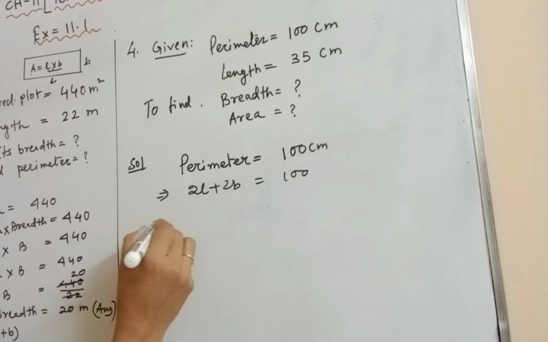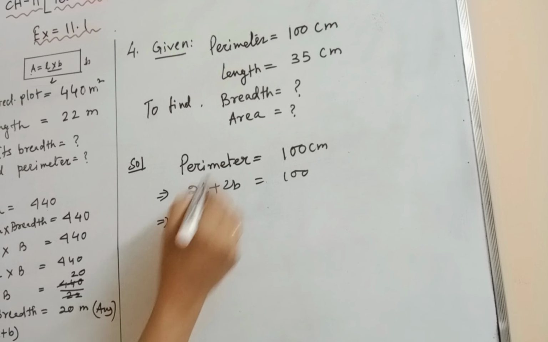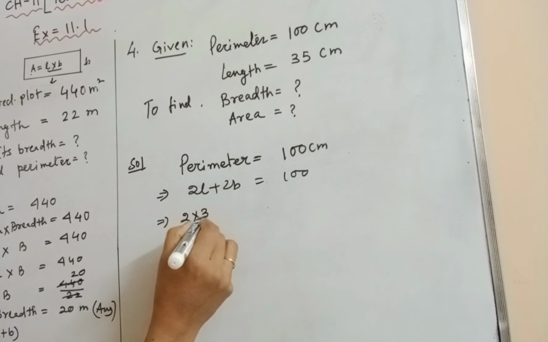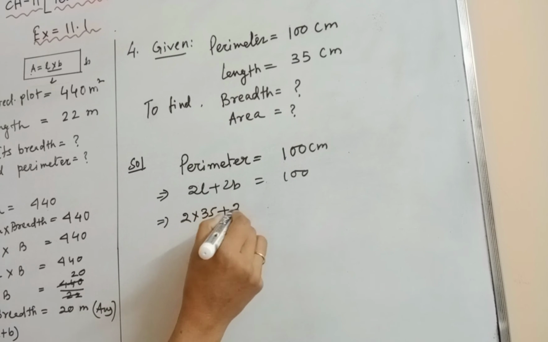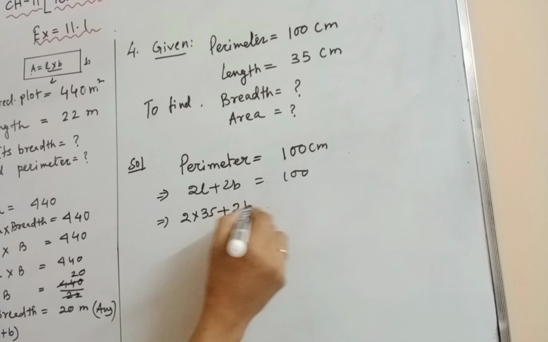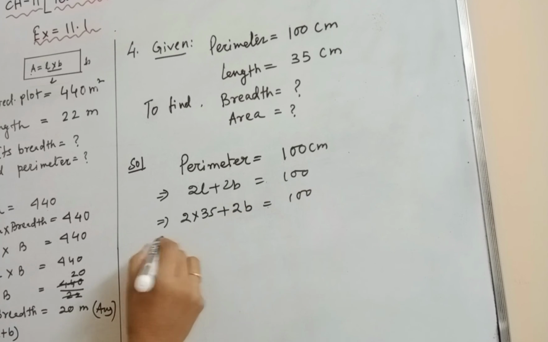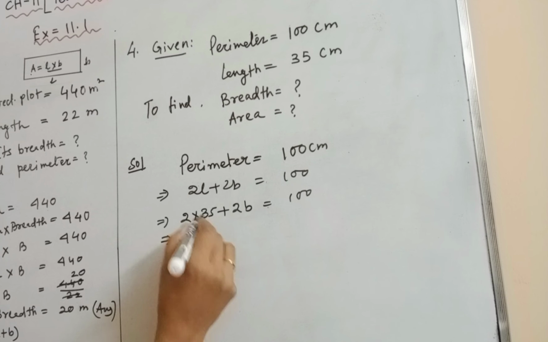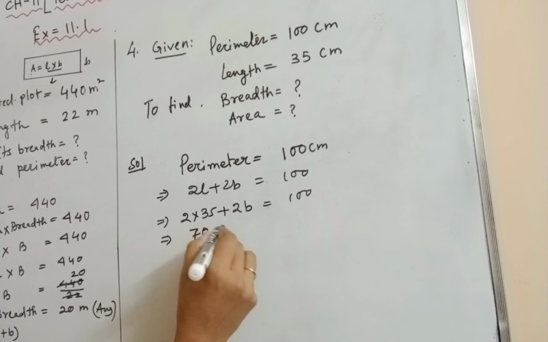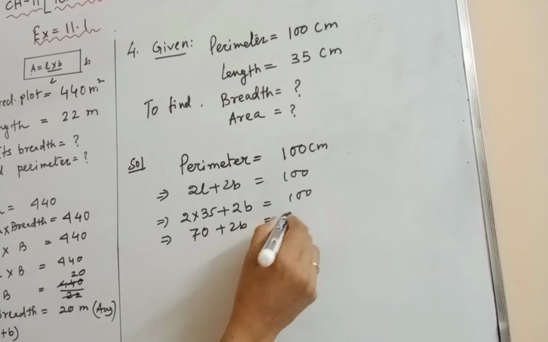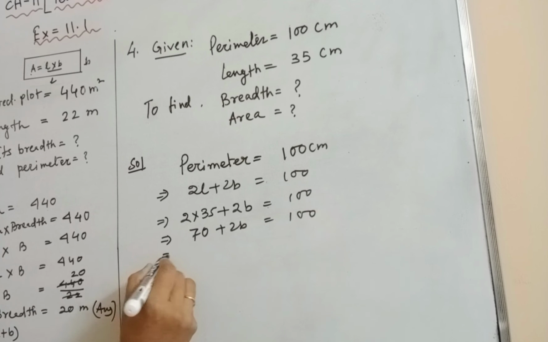Now length we know, so instead of L we can write 35, plus 2, breadth we don't know, keep B as it is, equals 100. 35 into 2 is 70, so 70 plus 2B is equal to 100. We will use now our concept related to linear equation.